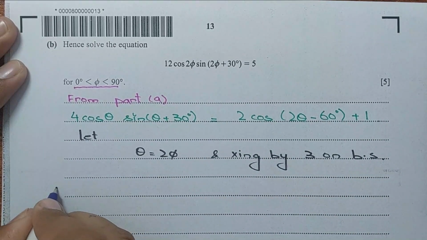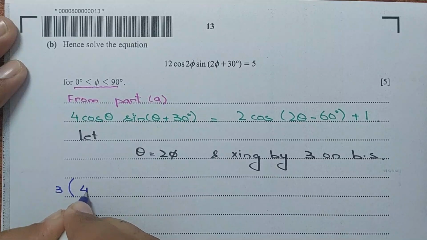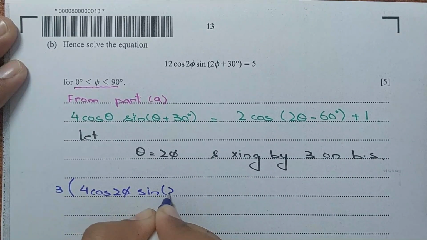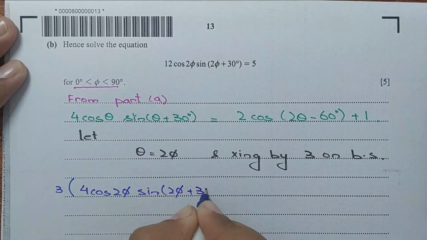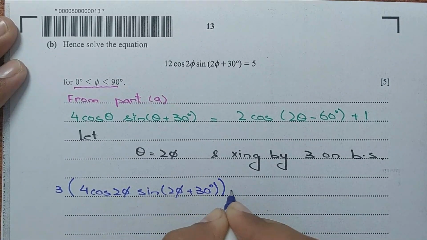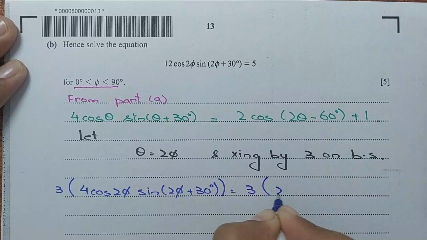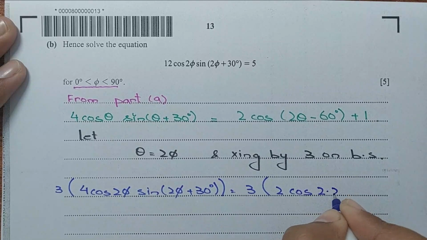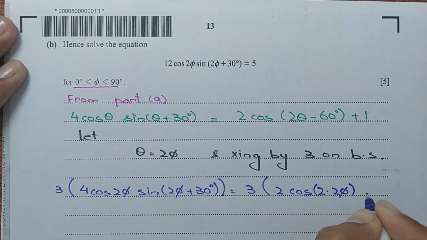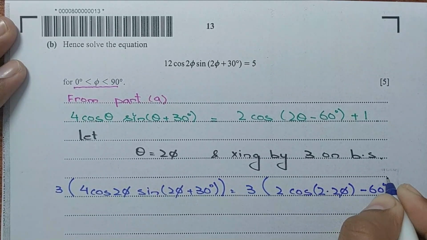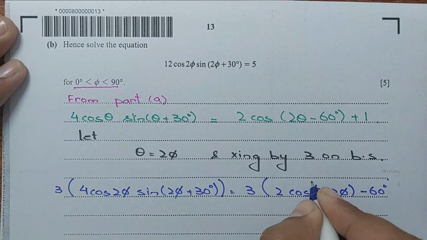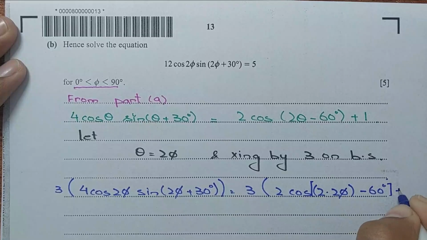Multiplying by 3 on both sides. 3 times 4 cos theta, where theta is 2 phi, sine 2 phi plus 30 degrees. 3 times 2 cos 2 times theta, and theta is 2 phi, minus 60 degrees plus 1.